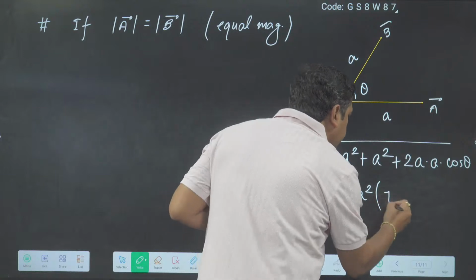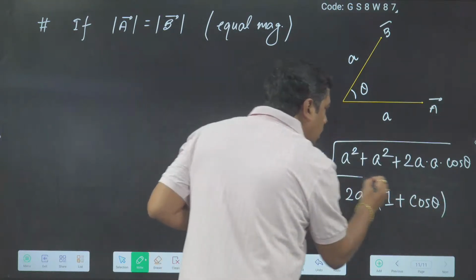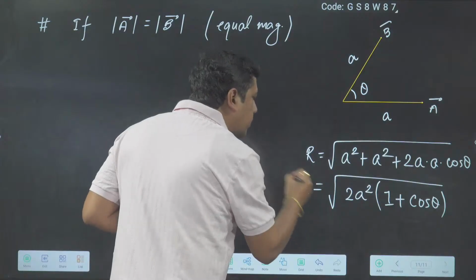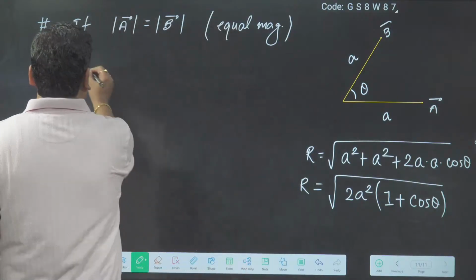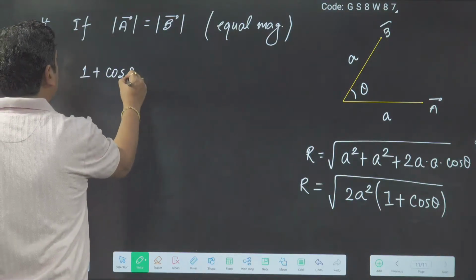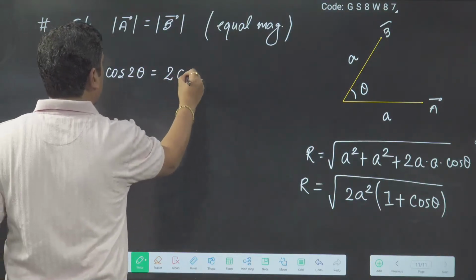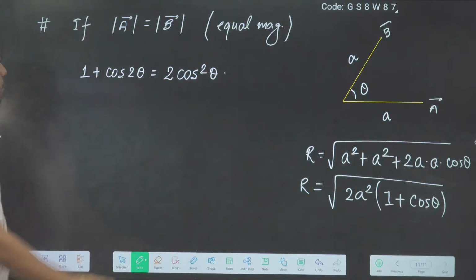So it will become 1 plus cos theta. If you remember, 1 plus cos 2 theta equals 2 cos square theta. Do you remember this identity?